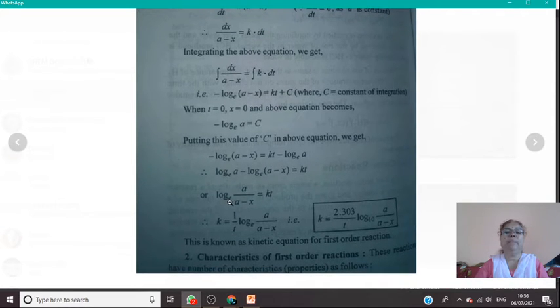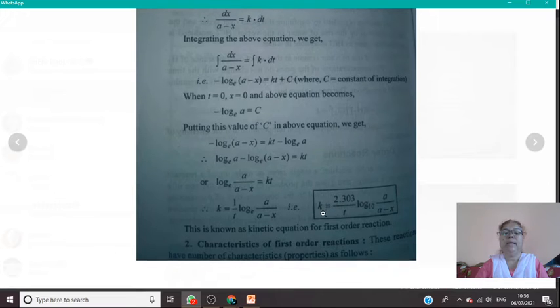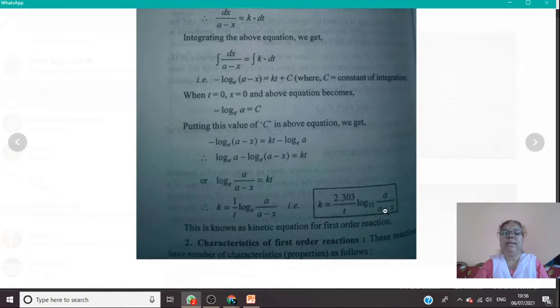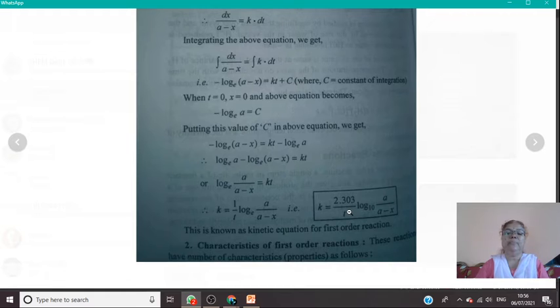this log is with base e. To change this log to base 10, we can write K equals 2.303 upon t into log to the base 10 of a upon (a minus x). This is the kinetic equation of the first order reaction.